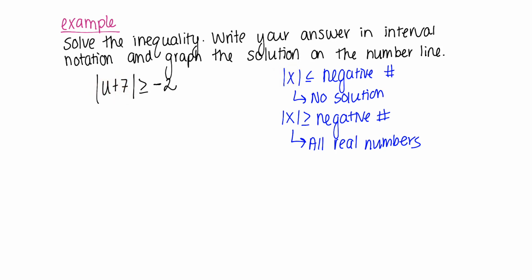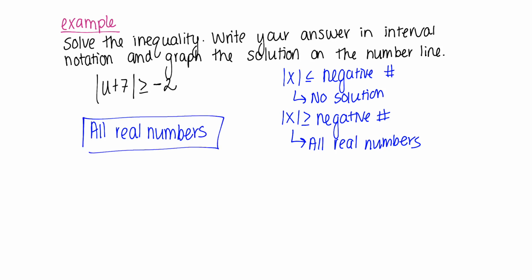So even though there's a u plus 7 on here, if the absolute value is all by itself and the other side is negative, you're looking at these guys here. I was about to write no solution, but this is a greater than sign. So positive numbers are greater than all negative numbers, which means this is an all real numbers scenario. Like I said, you're not going to run into this particular problem on this particular topic, but it's something I wanted to throw out there.